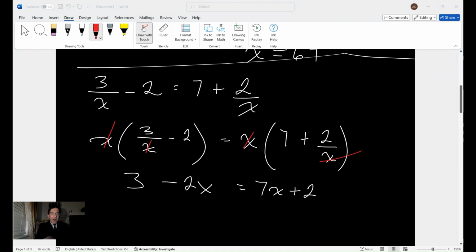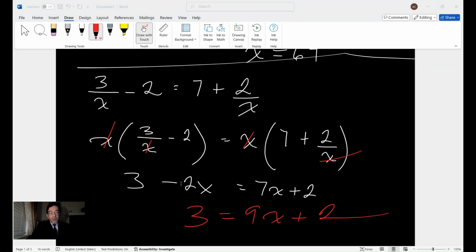So all you have to do now is add 2x to both sides. And if you add the 2x, you have 7x plus 2x. And now you have 3 equals 9x plus 2. And now all you have to do is basically subtract 2 from both sides.